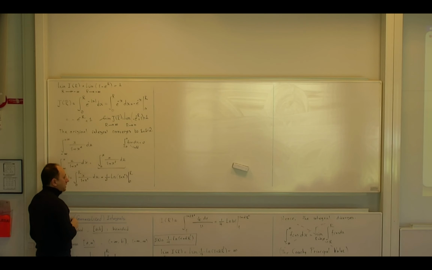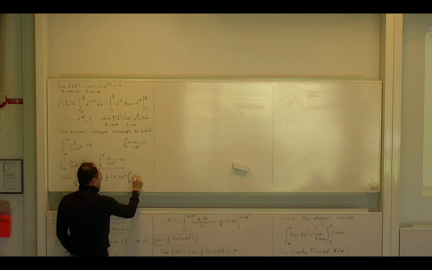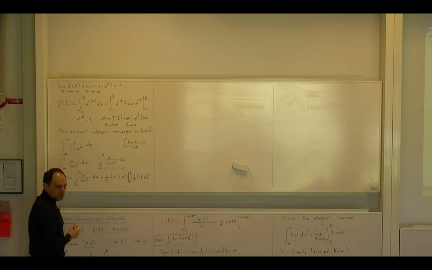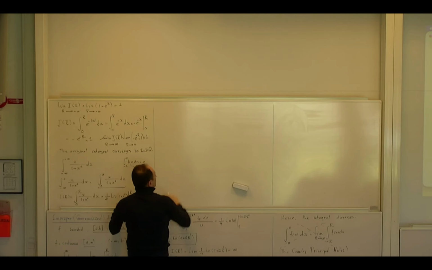Okay, so what happens now? If I replace x with r, this becomes 1 over 2 ln of 1 plus r squared, minus, if I replace x with 0, it becomes ln of 1, which is 0. Yes? So that's it. And then you see that I don't even need to continue anymore.